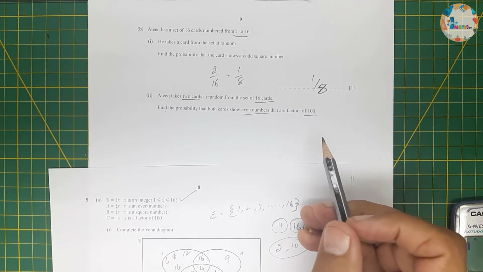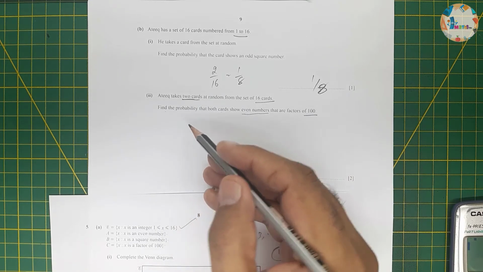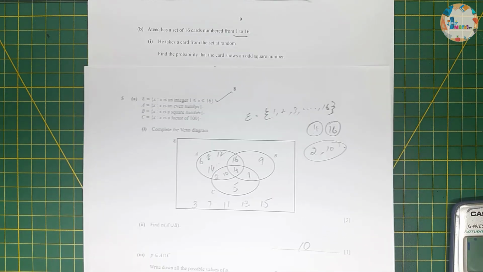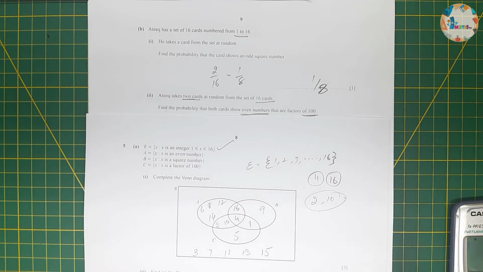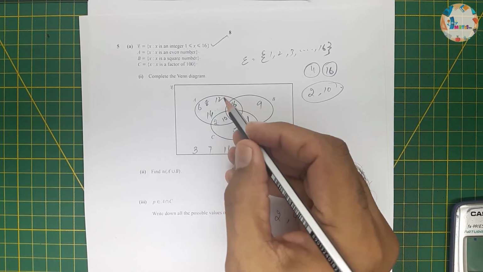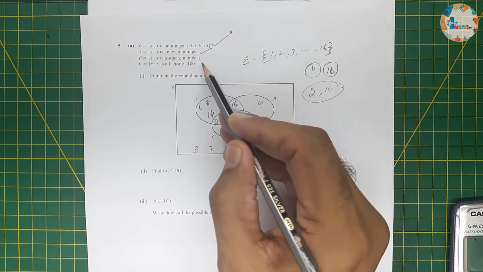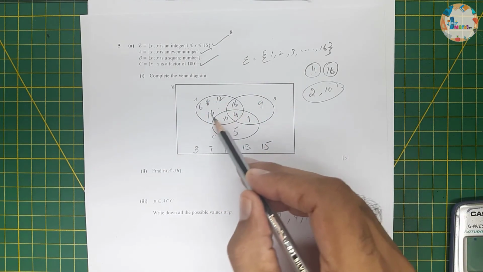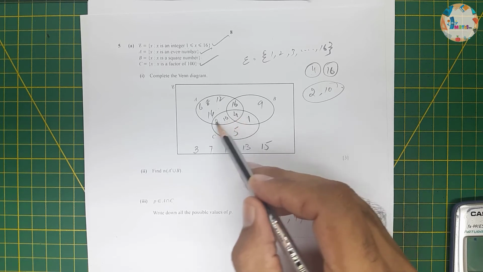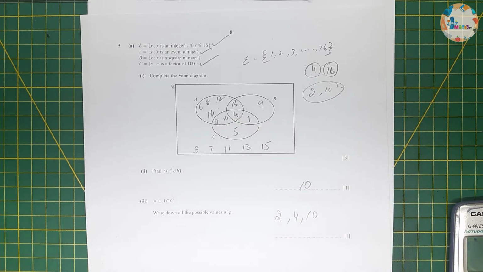For this part, we can consider this Venn diagram. We need even numbers and factors of 100. So even numbers are A, and C. Common in both are these 2, 4 and 10, basically these 3 out of 16.